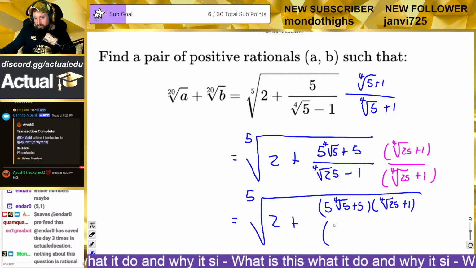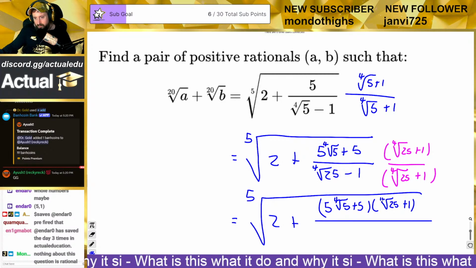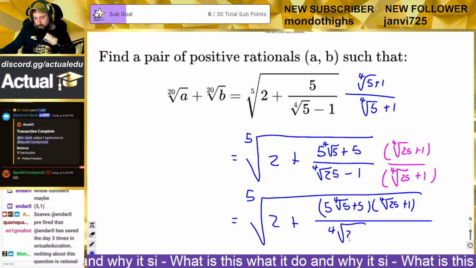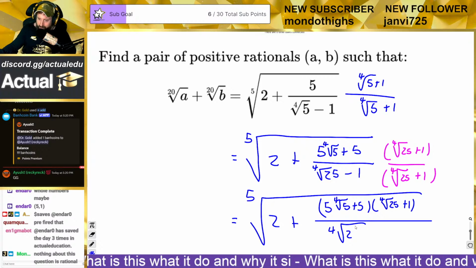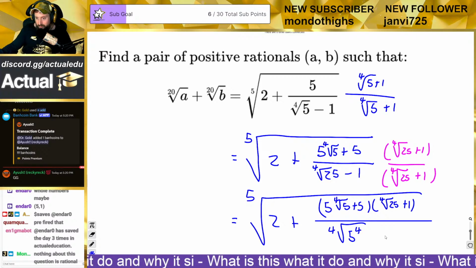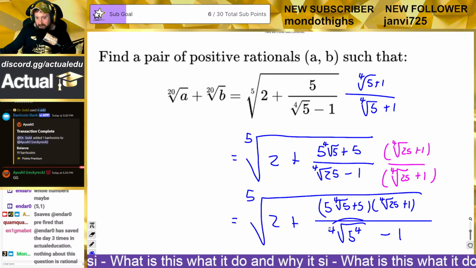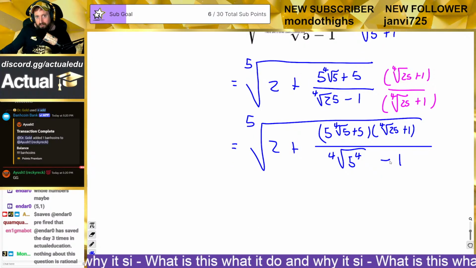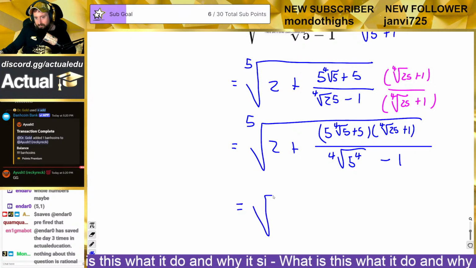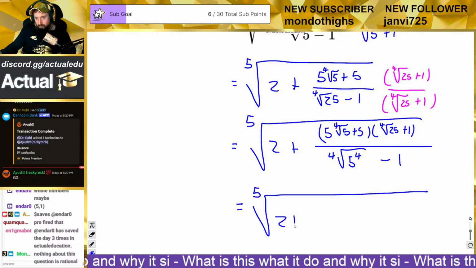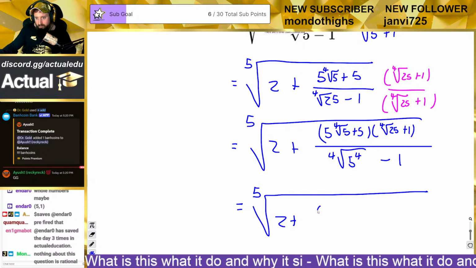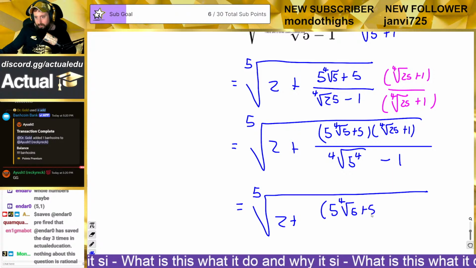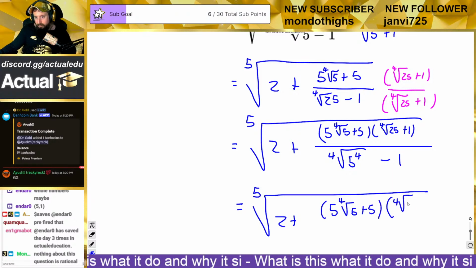So this becomes all over the 4th root of 25 squared, but 25 is the same thing as 5 squared, so it's 5 to the 4th minus 1, and now this goes away, finally, because the 4th root of 5 to the 4th is just 5. Good. Okay, so this is now the 5th root of 2 plus 5 times the 4th root of 5 plus 5 times the 4th root of 25.